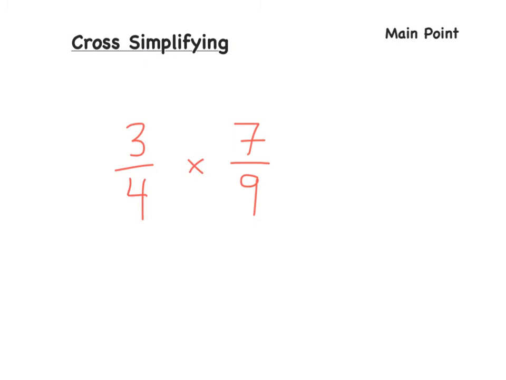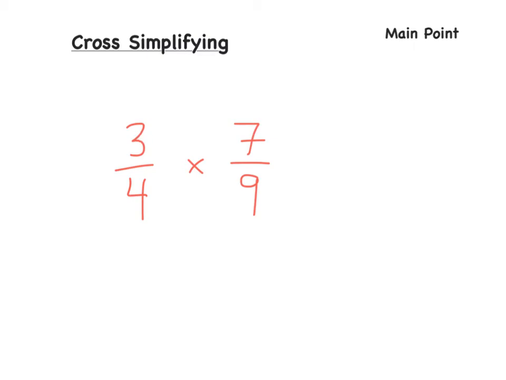It's called cross-simplifying. So when you simplify, you can simplify the 3 and the 9, or you could simplify the 4 and the 7. So 4 and 7, 4 doesn't go into 7 evenly, so we're not going to simplify the 4 and the 7. But we can cross-simplify the 3 and the 9. So think of it like this.